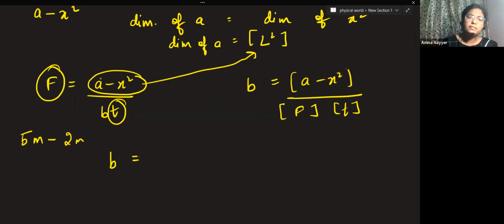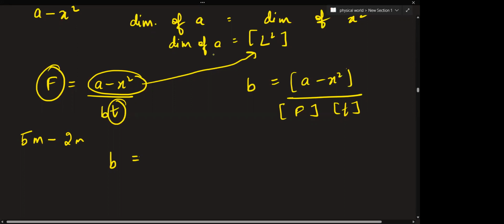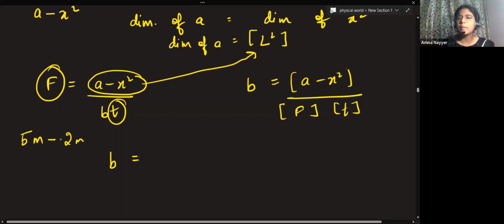Can I write 5 meters minus 2 meters? Yes, ma'am. This is correct. So when I write 5 meters minus 2 meters, this gives me 3 meters.